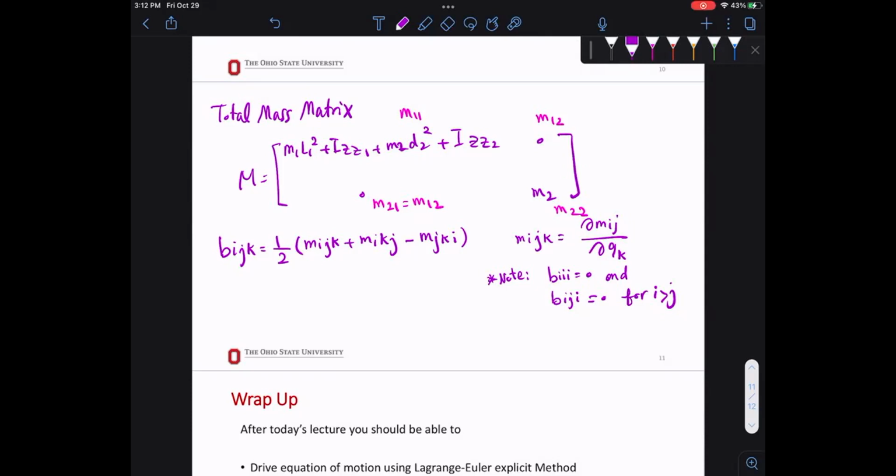So we're just going to focus on M11. We're going to get the partial derivative of M11 with respect to the first joint and the second joint. Now, the first joint is what? Theta 1, right? Do you see any theta terms in there? No. So it's only with respect to theta 2, the second one. So I'm just going to write that. M112 for the second joint, M11 with respect to your Q2, which is D2.